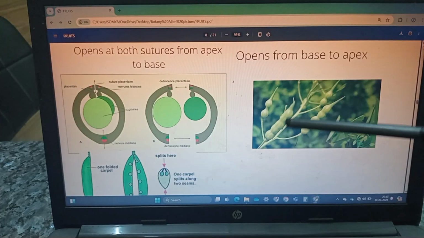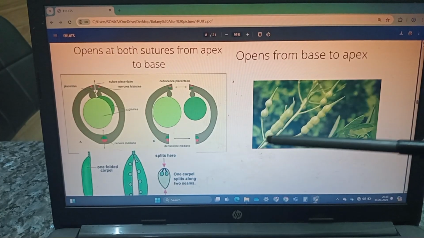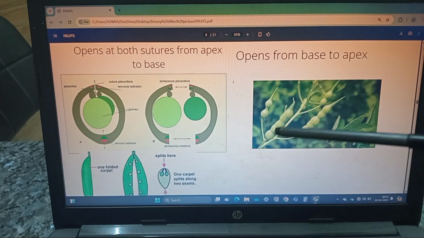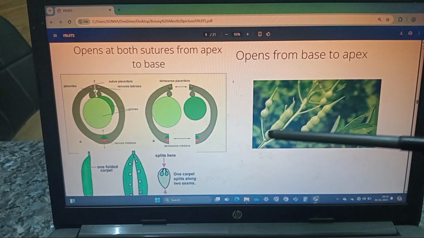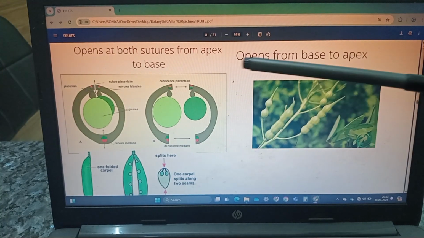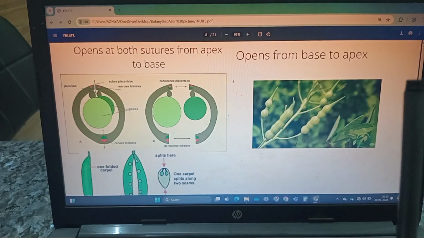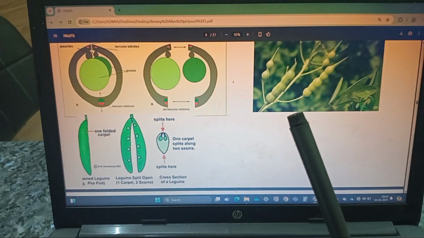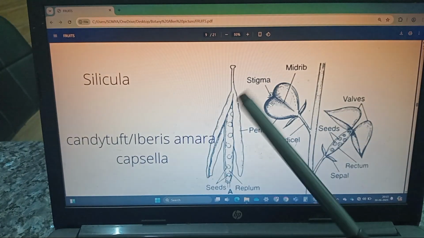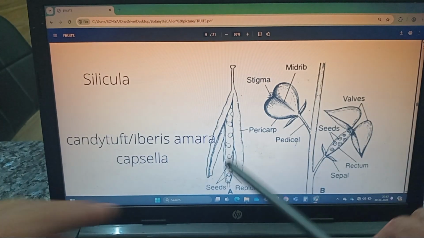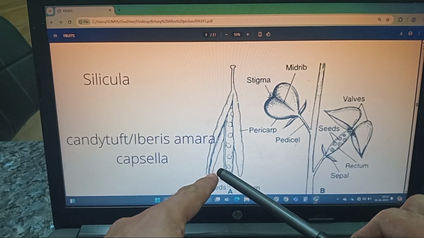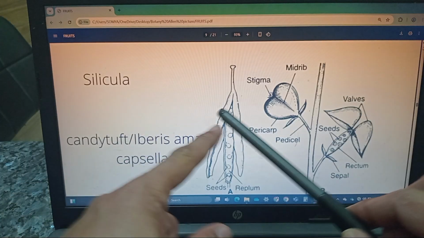Then this is the siliqua. This is the fruit of mustard and argemone. In mustard and argemone there is parietal placentation, and you see they open up like this, from base to apex, right?